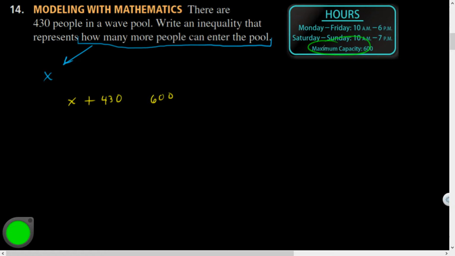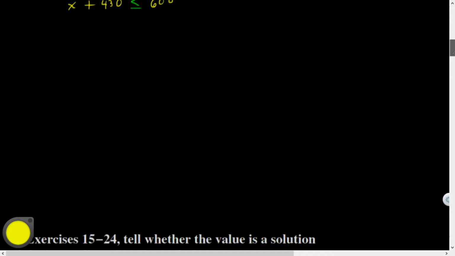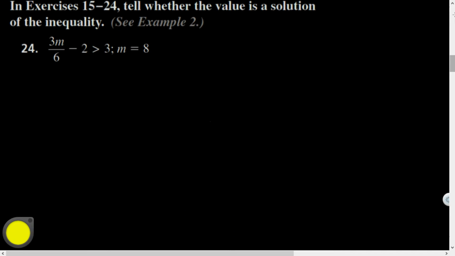Since this is the maximum capacity and we're writing an inequality, if this is the biggest it gets, then everything else must be smaller than it. But maximum capacity includes 600, so you can make that equal to there. So x plus 430 is less than or equal to 600. All right, cruising.